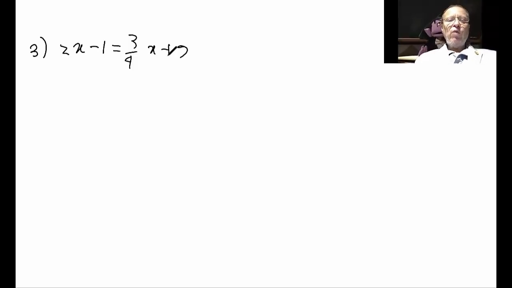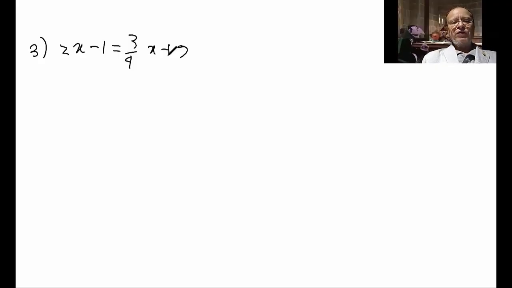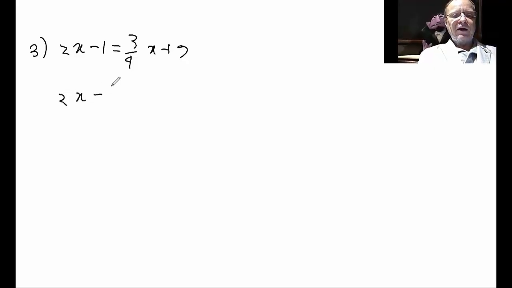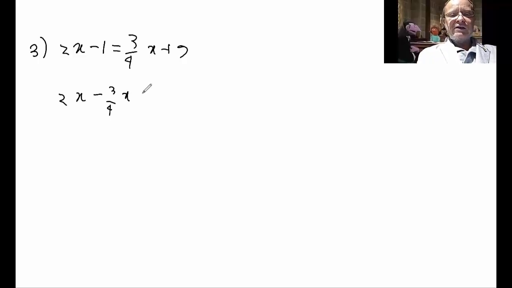So one way to look at it is we can put all the x's on one side and all the numbers on the other side. So let's do that. So we have 2x minus 3 over 4 x is equal to 1 plus 9.